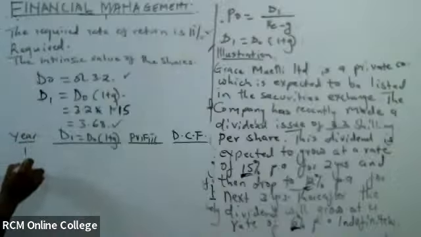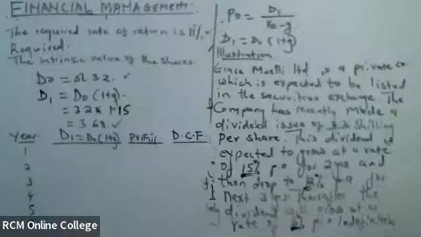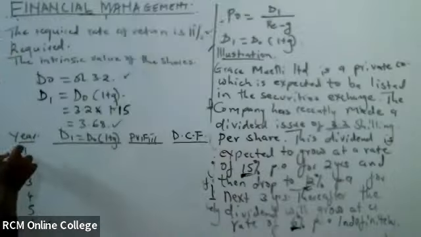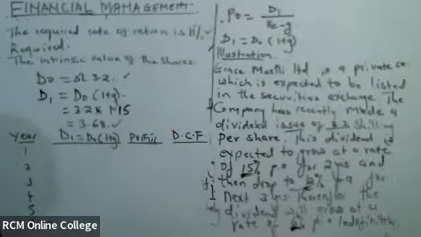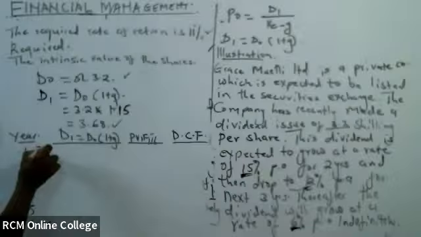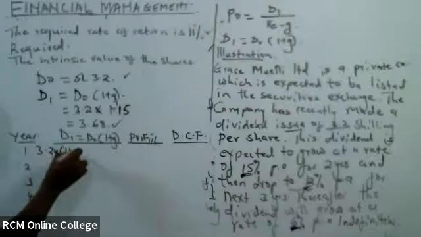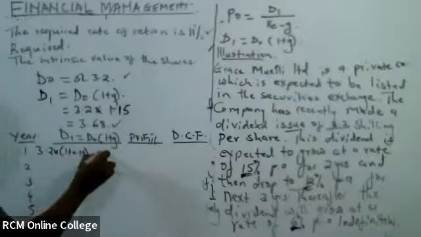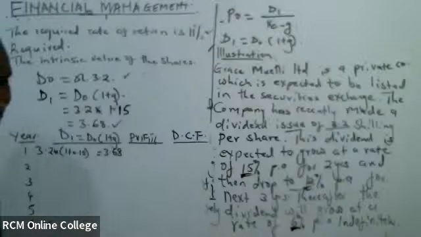So we have year 1, 2, 3, 4, 5, and 6, but our sixth year will go to infinity. 15% will affect our years 1 and 2. You've given us the dividend D1 for year 1. It is 3.2 times 1 plus 0.15, so you gave us 3.68.